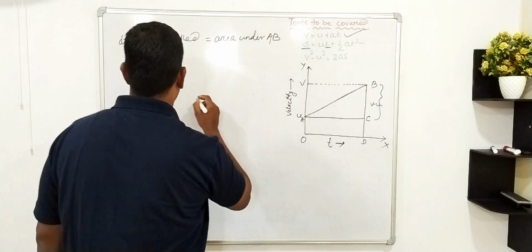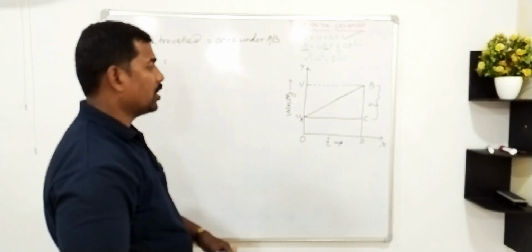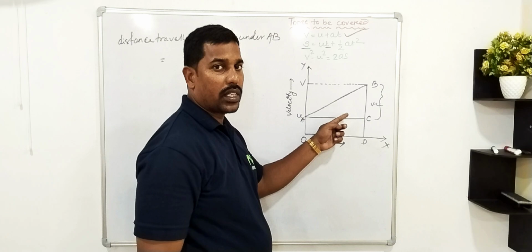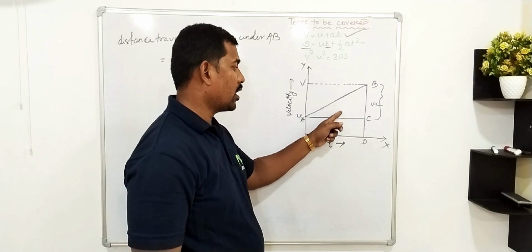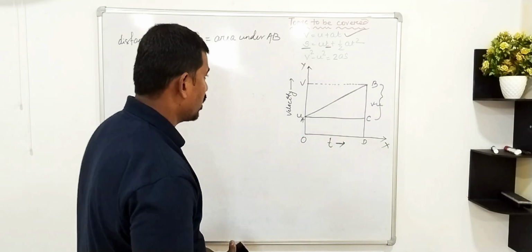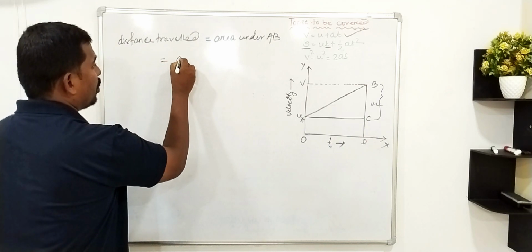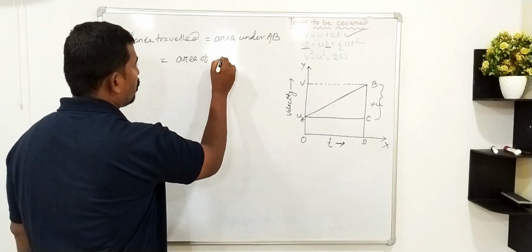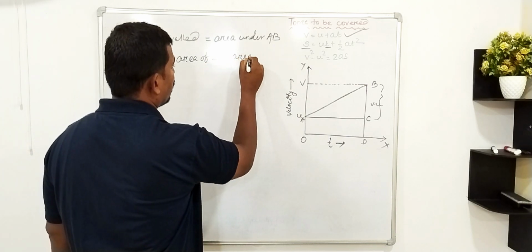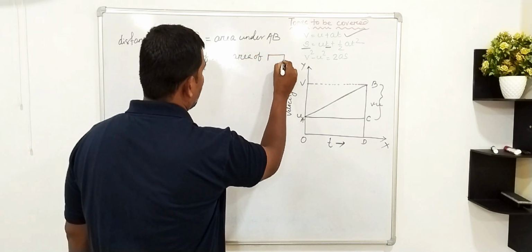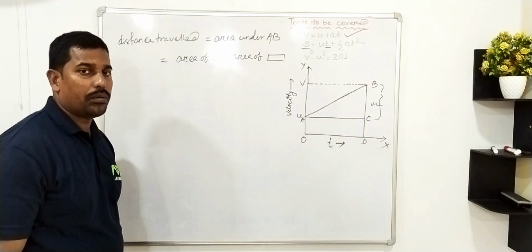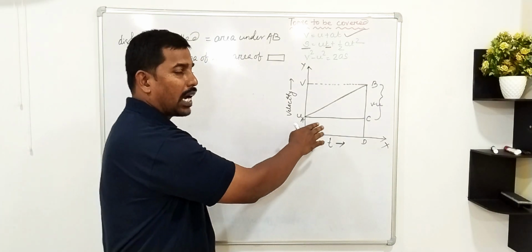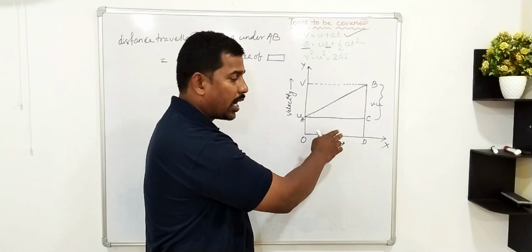Now split that area into two geometrical figures: one is a triangle and the other is a rectangle. So you can write area of triangle plus area of rectangle. Area of triangle is half base into height.